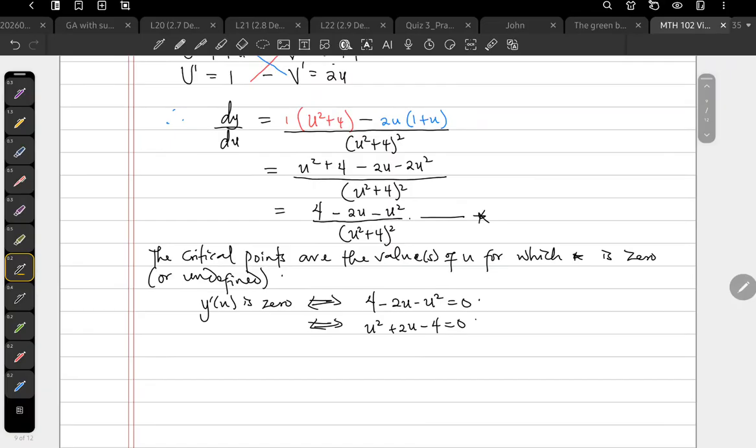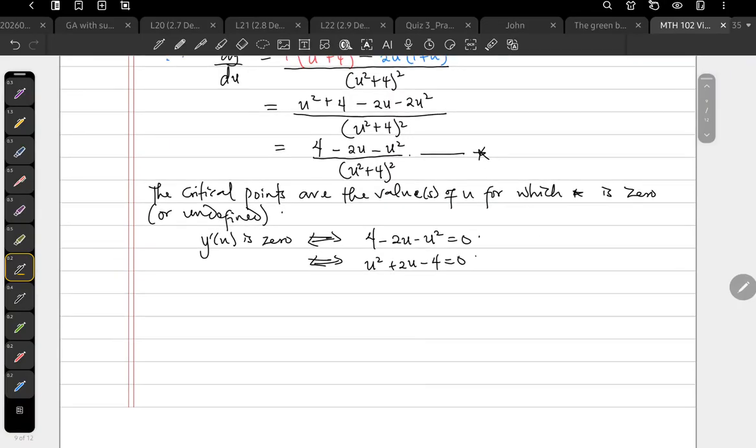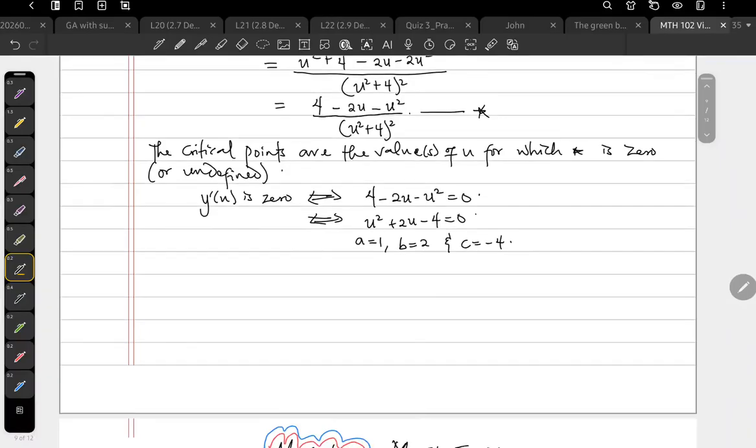So all we need to do is to solve this quadratic equation. Let's use the quadratic formula with a equals 1, b equals 2, and c equals -4.